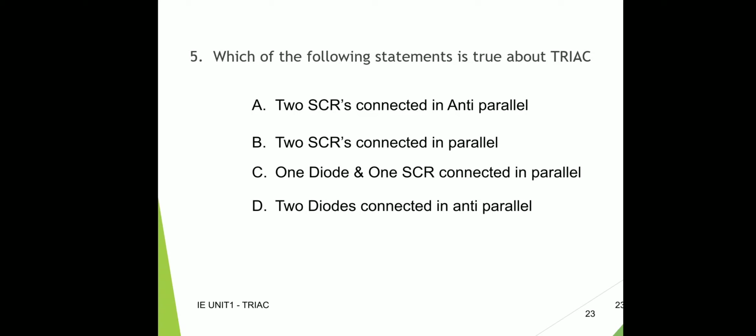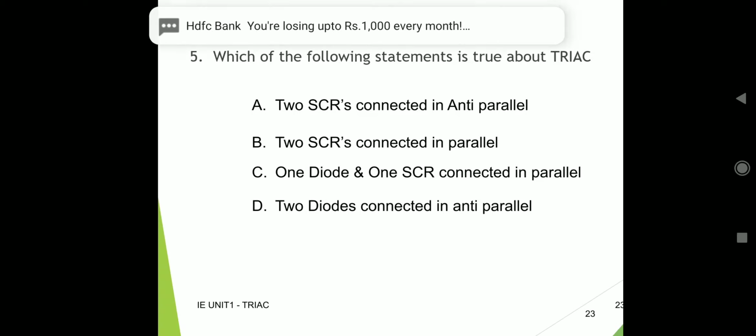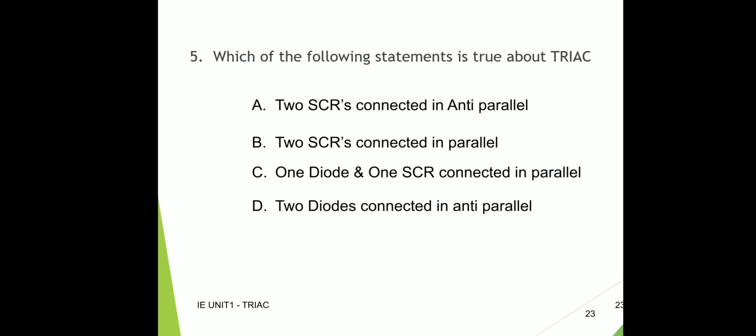So what is the question? Which of the following statements is true about triac? Triac is a combination of two SCRs connected in anti-parallel. So A is the answer.